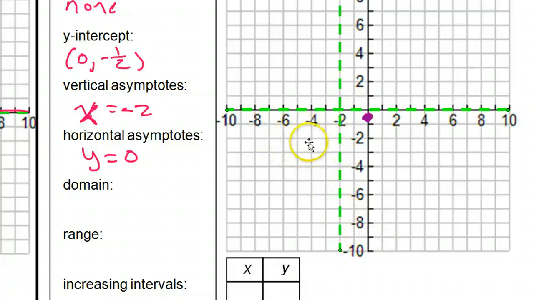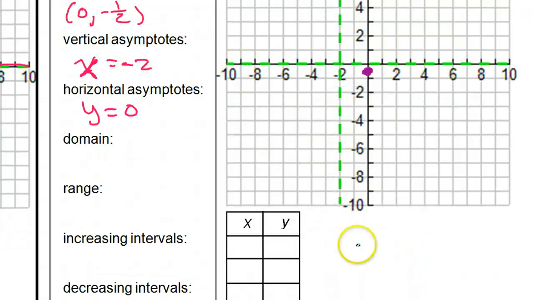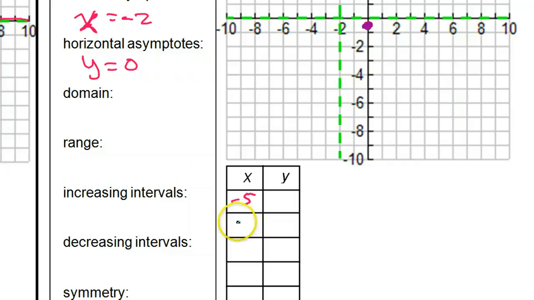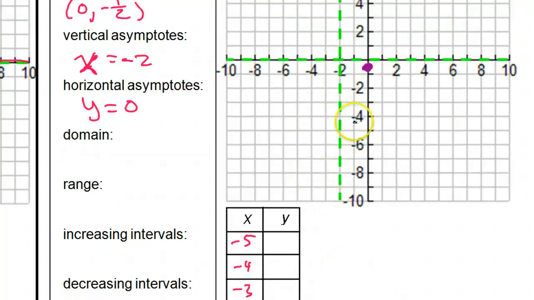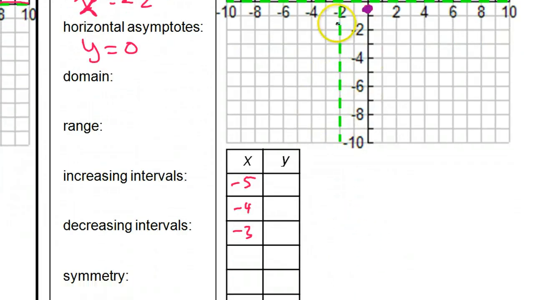Over on the left-hand side, let's do -5, -4, and -3. Now, I saved an extra one. I said I wanted 4 over here. Let's also do -2.5. It's always interesting to see what happens really close to the asymptote. So you should always pick at least one value that's less than 1 away from the asymptote. So let's do -2.5.